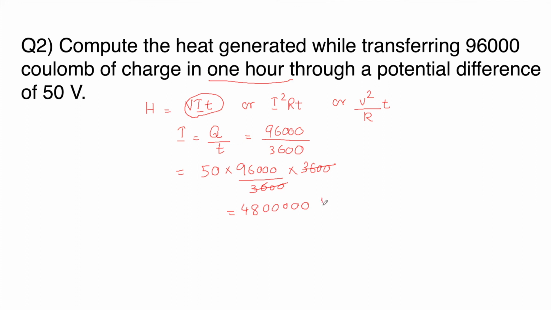Joule is the unit for heat energy. So we'll get like this, and again we can write in the standard form like 4.8 into 10 raised to 6 joule. Otherwise, if you write like this, that is also fine.